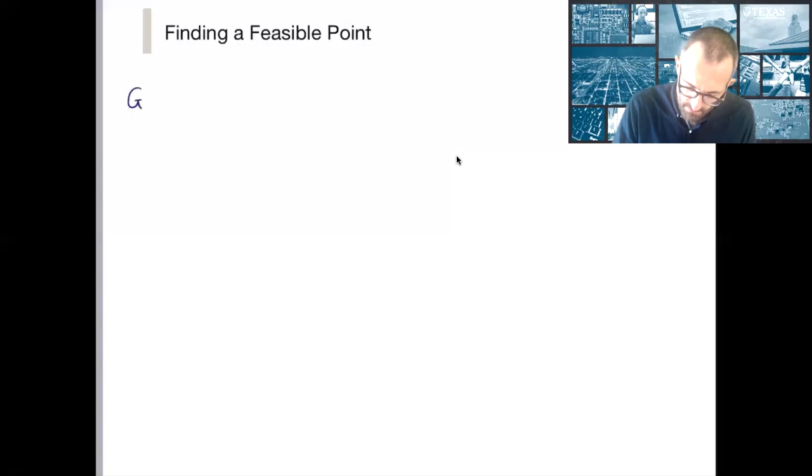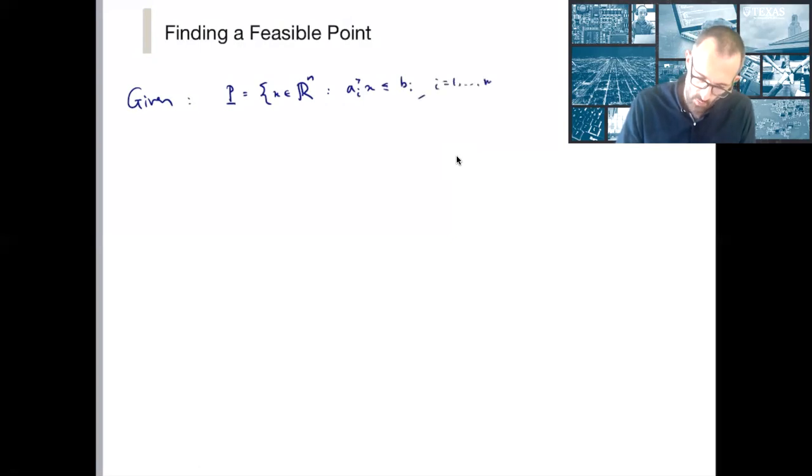We're given a polytope P, which is equal to x in R^n that has to satisfy some number of inequality constraints, i equals 1 to m. And though all of these assumptions that I'm going to put down now can be removed with some additional work, for this exposition we'll leave them in place.